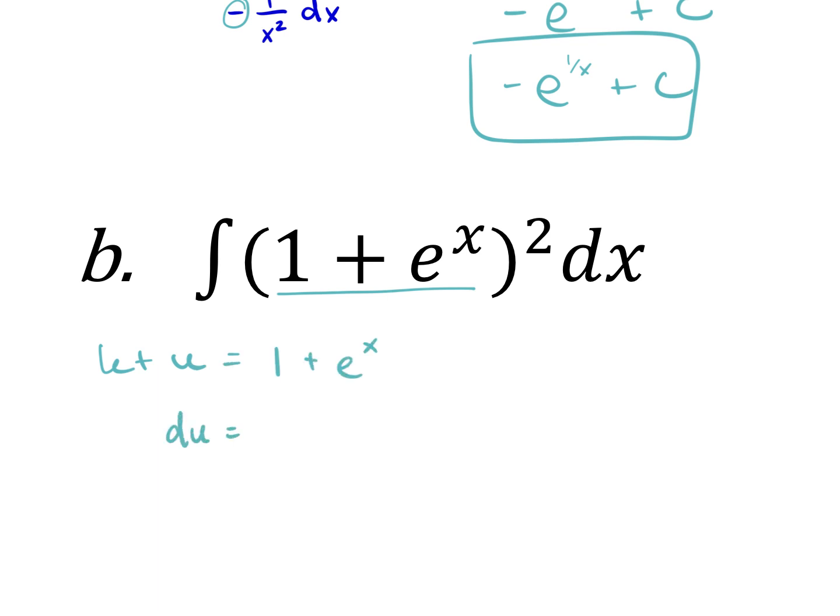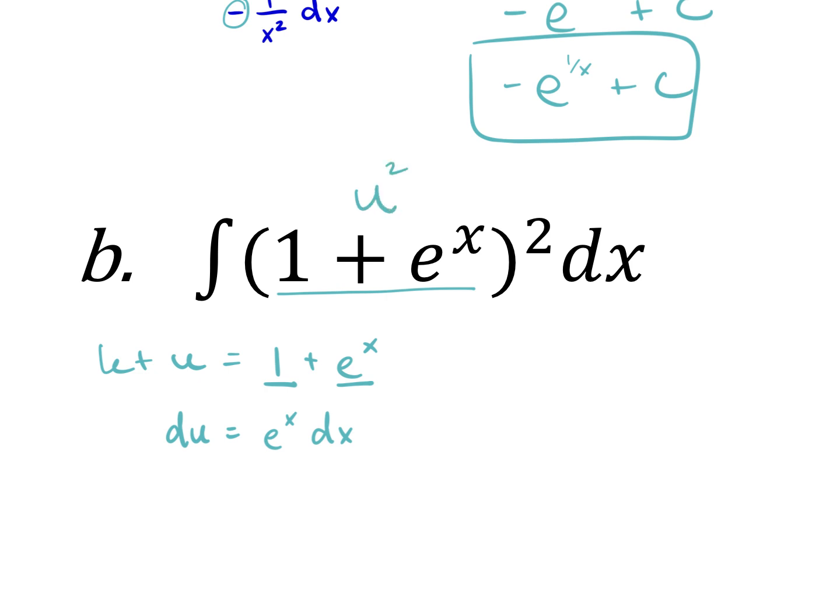Well, what's the derivative of 1 plus e to the power of x? What's the derivative of 1? Nothing. And what's the derivative of e to the power of x? E to the power of x dx. So if I substitute u into 1 plus e to the power of x, that would give us u squared.